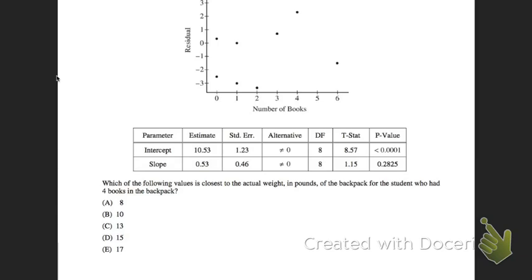So you're finding the residual. You're wanting to find the actual. So residual equals actual minus predicted. I can look at the chart, go to 4, go up. My residual is 2 for 4. So 2 equals, I don't know what my actual is, I'm going to call it A, minus the predicted.